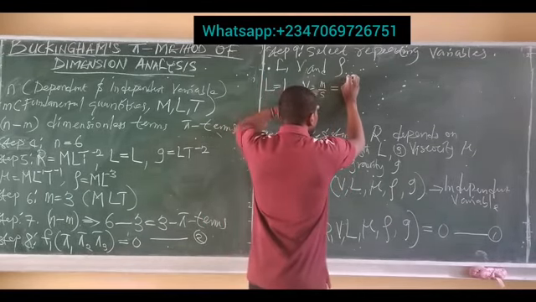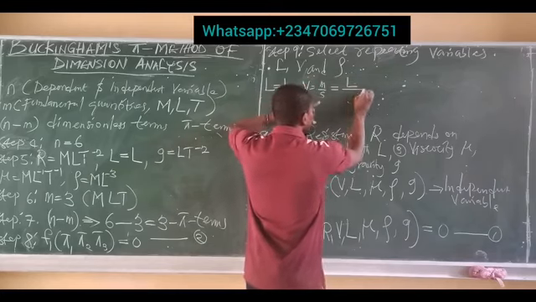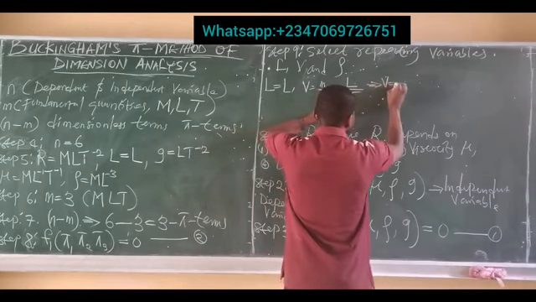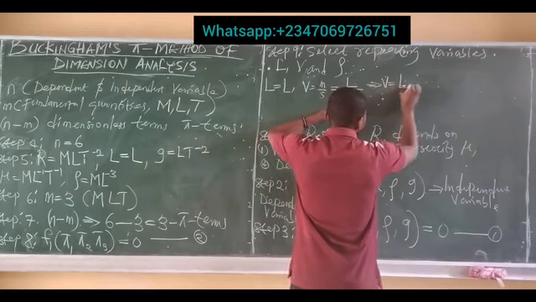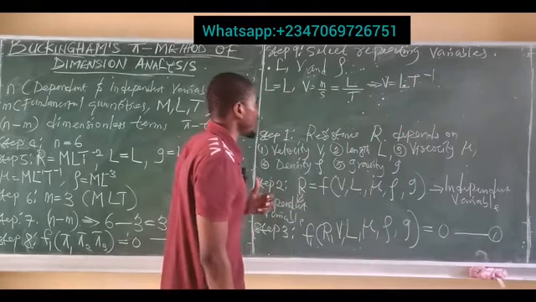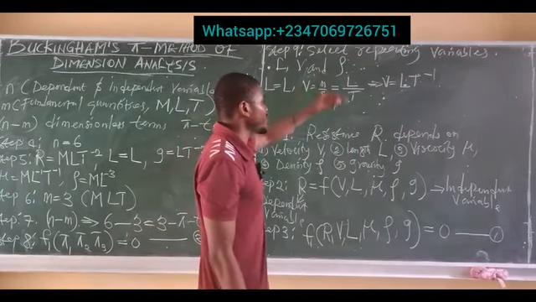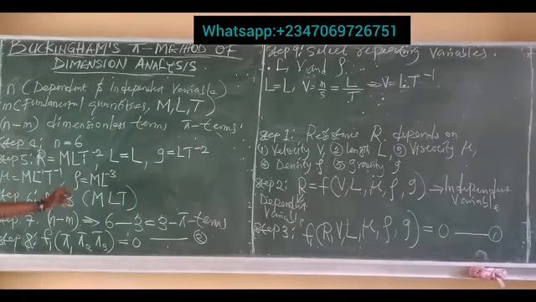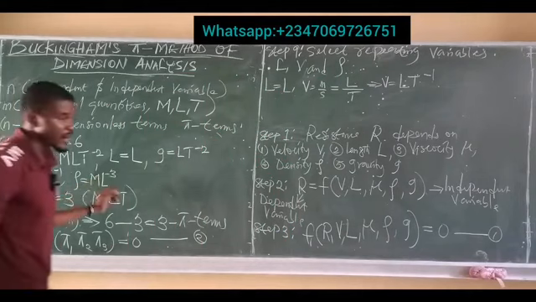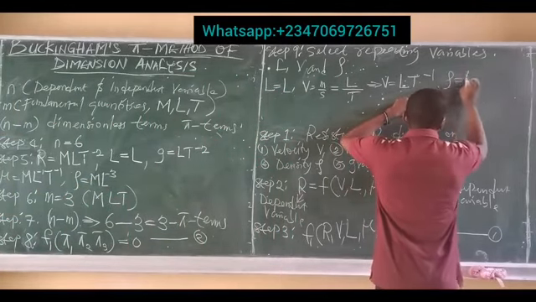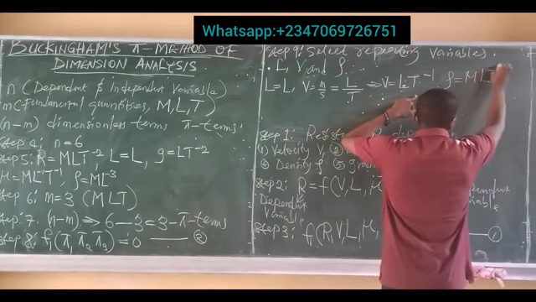So by dimension, meter stands for L, all over seconds stands for time, which is capital T. So which means velocity is, rearranging this, L T to the power of minus 1. And density itself is mass over volume. We already obtained the dimension of density as M L to the power of minus 3.